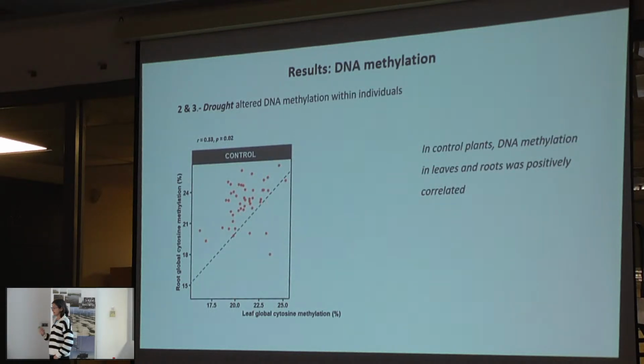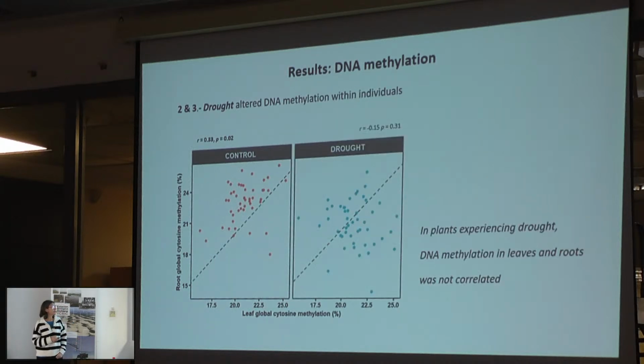And as regards the effect of the treatments on DNA methylation, as I said, we measured methylation in leaves and methylation in roots. In control plants, we can see that roots tend to have a higher methylation level. We also found a significant positive correlation, meaning that plants that have high methylation in leaves also have high methylation in roots, and the opposite.